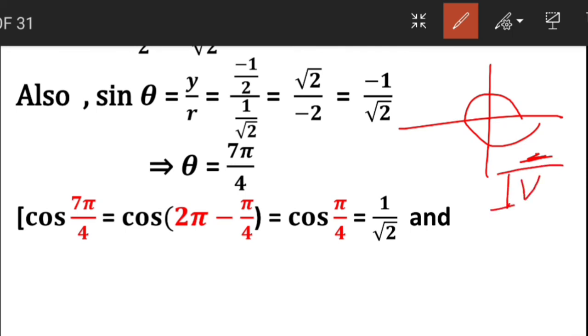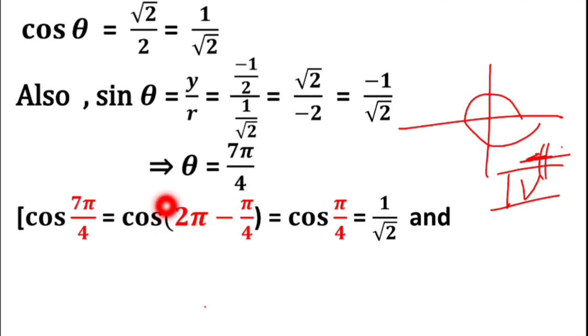In fourth quadrant cos is positive. Okay, and cos of 2 pi minus pi by 4 is cos pi by 4. And what is the sign of this? Positive. So cos pi by 4 is 1 by root 2.